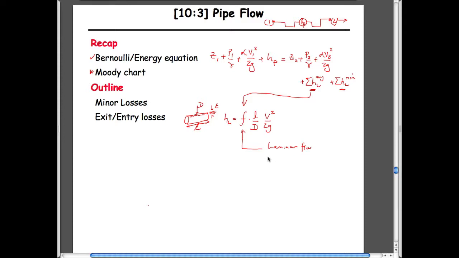And for laminar flow, which is for Reynolds numbers which are less than, say, 2100 or 2000. I'm not sure why 2100 comes in. And Reynolds numbers are defined as a velocity, a density, a characteristic length. Our characteristic length is always the diameter, just by convention.